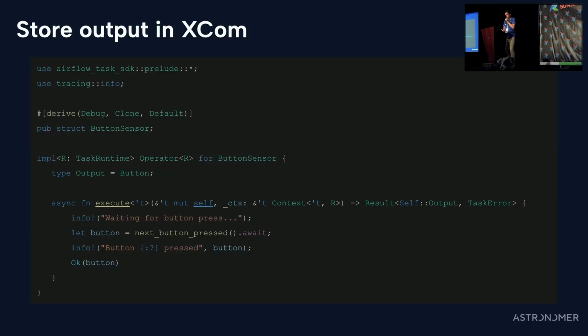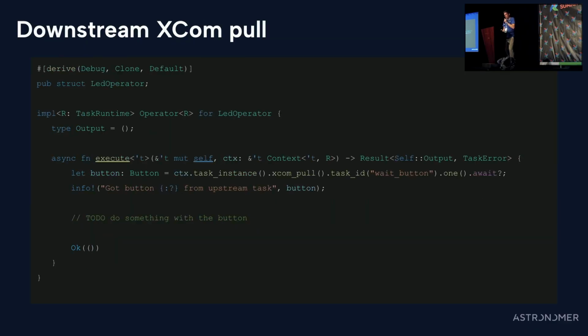So here's an example of a sensor, or rather an operator trying to be a sensor, let's put it this way. It's waiting for a button press, and once the button is there, we just pass it as output. And because button is serializable, it will be stored as XCom in our database.